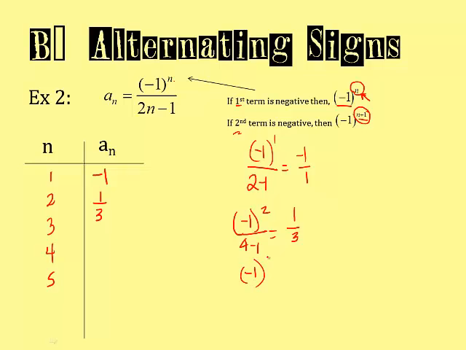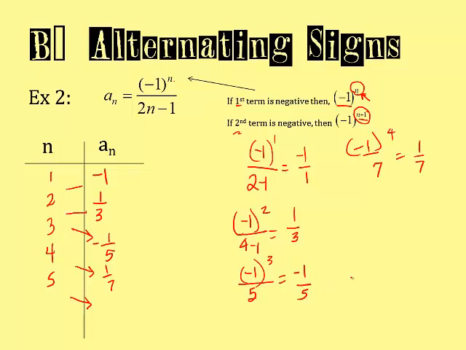Negative 1 to the third power over 2 times 3, which is 6 minus 1 is 5. So I have negative 1 over 5. Negative 1 to the fourth power. 2 times 4 is 8, minus 1 is 7. It's going to be positive 1 over 7.